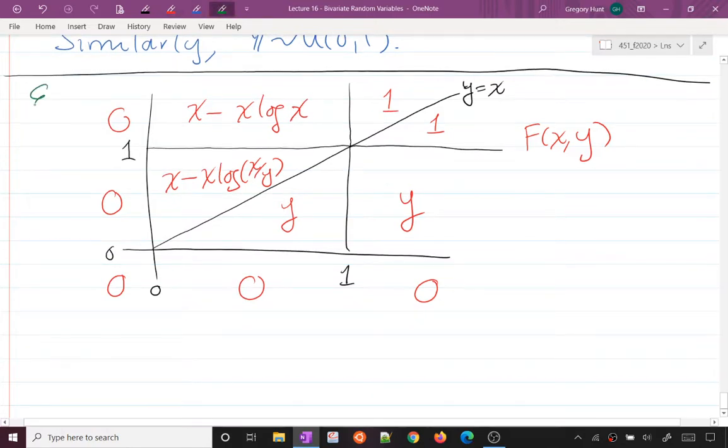I should probably say this is an example. So that is the CDF. It's a valid CDF. It might be useful to go through and show that it satisfies the properties it needs to satisfy.